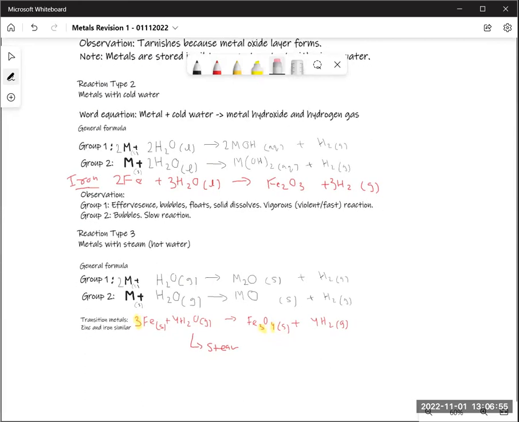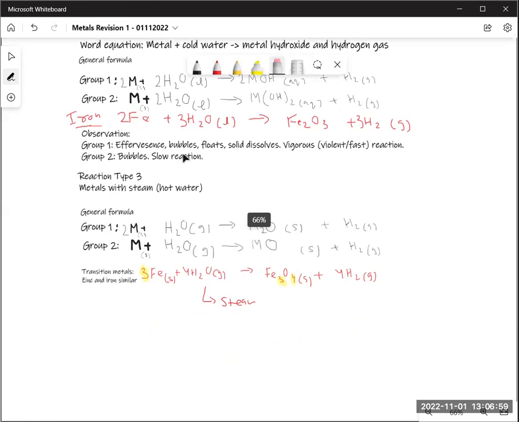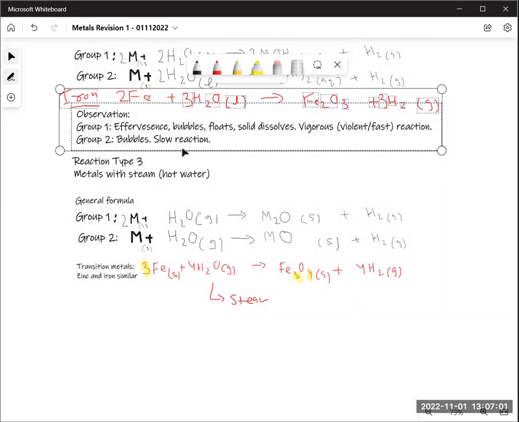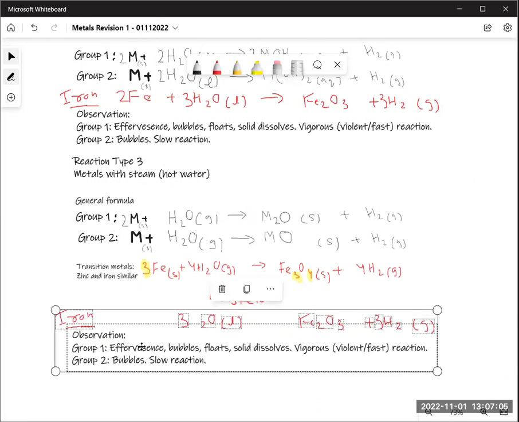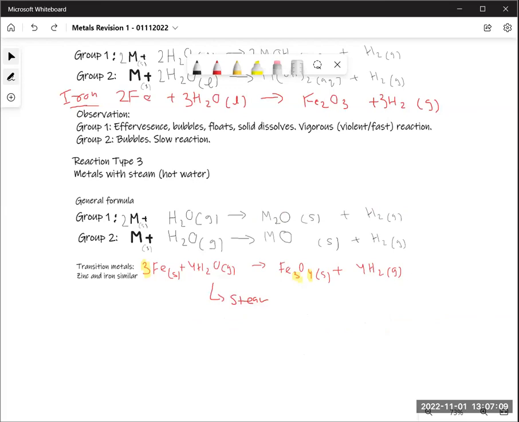Are there any observations for reaction type 3? Yes. Reaction type 3. Just a second. Okay, write it.